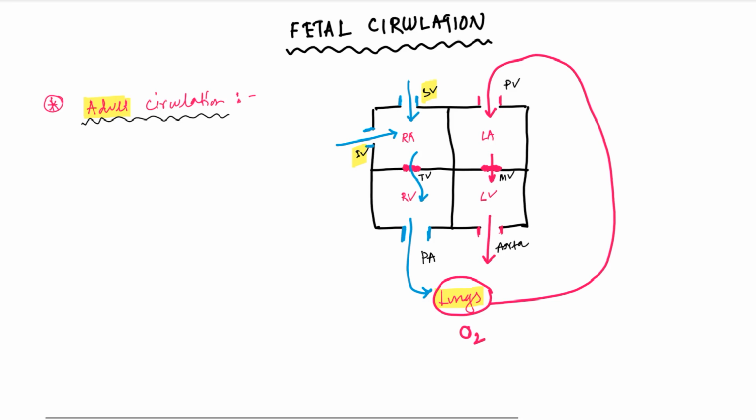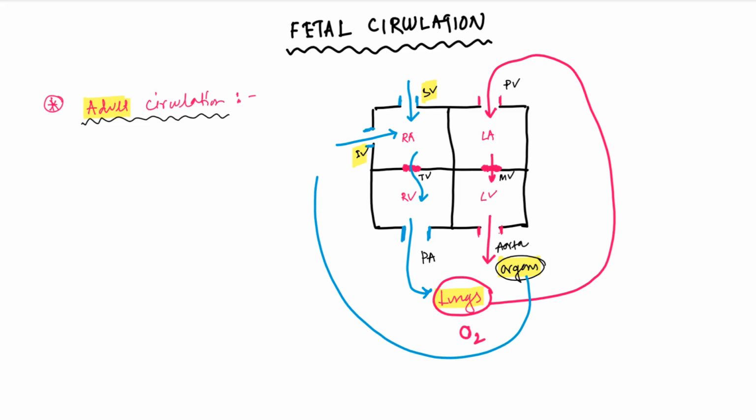Through the aorta it gets delivered to the organs. In the organs the blood gets deoxygenated as the oxygen is consumed, and from all over the body the deoxygenated blood again returns to the heart through the inferior and superior vena cava, and the cycle continues. So let's see it again.